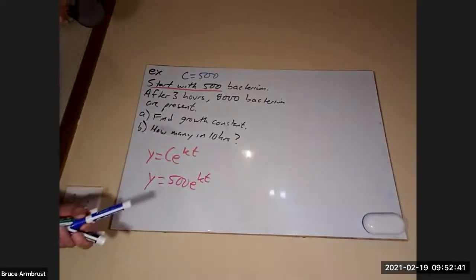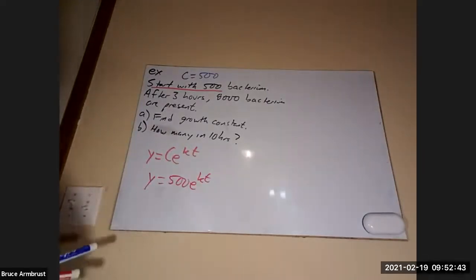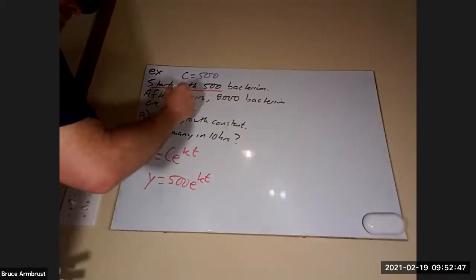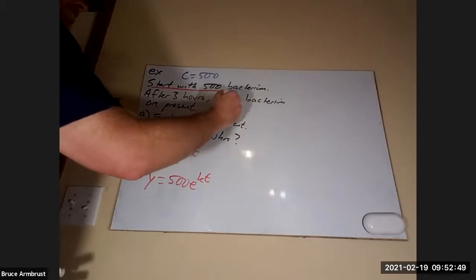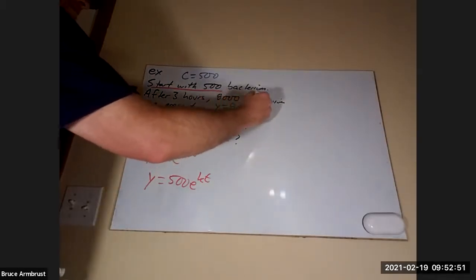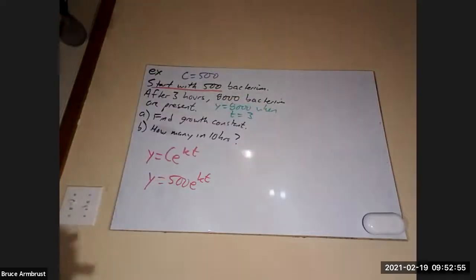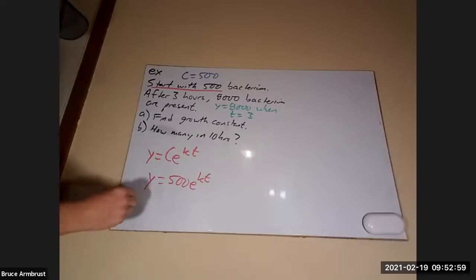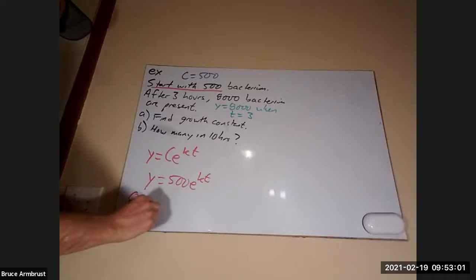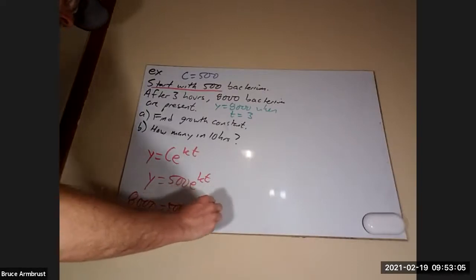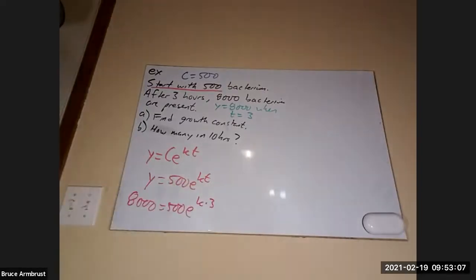Right? We've got this after 3 hours, there are 8,000 bacteria present. So this is y equals 8,000 when t is equal to 3. So we can actually put those in here. And that's an equation that we can solve for k.